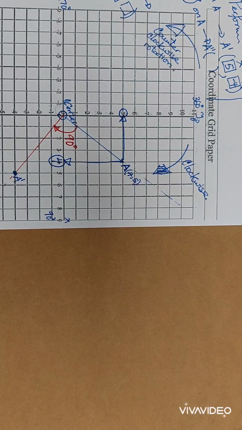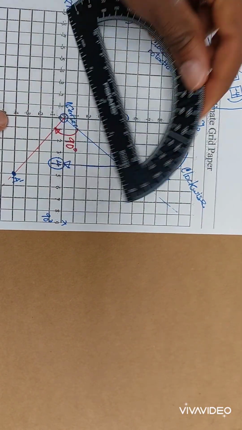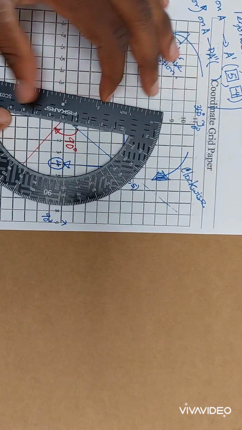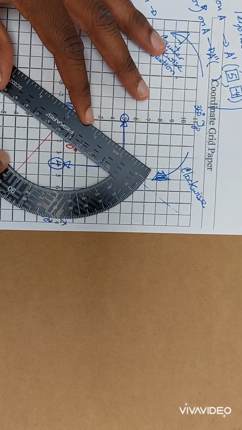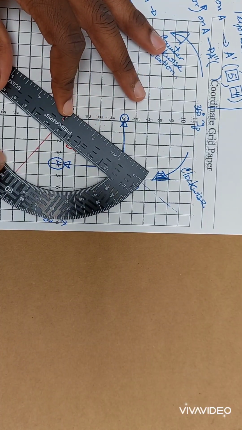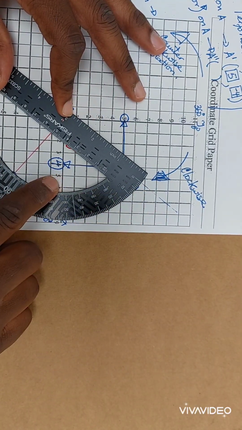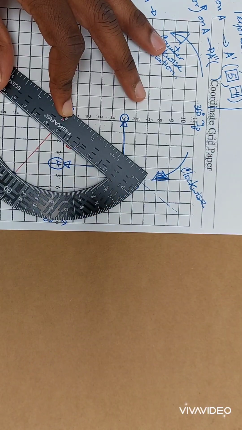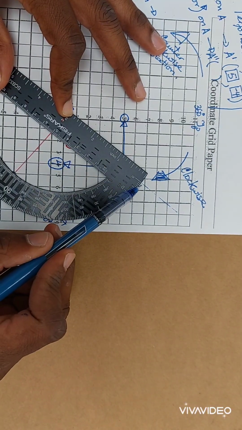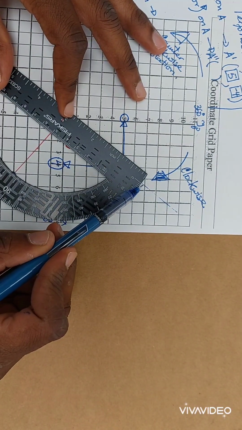We go ahead to place this center of the protractor at the center of rotation, and now this is why we dotted this line out, so we can see that this 0 right here aligns with the line as well.